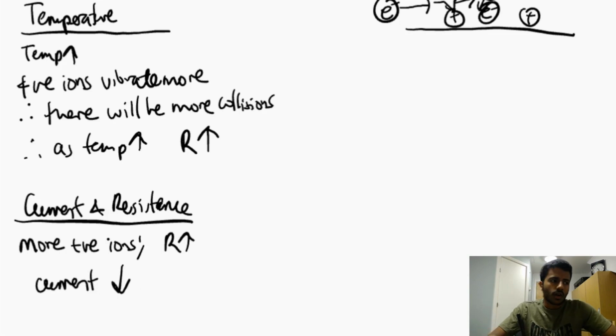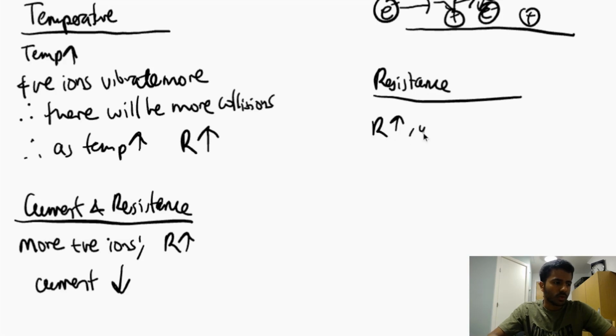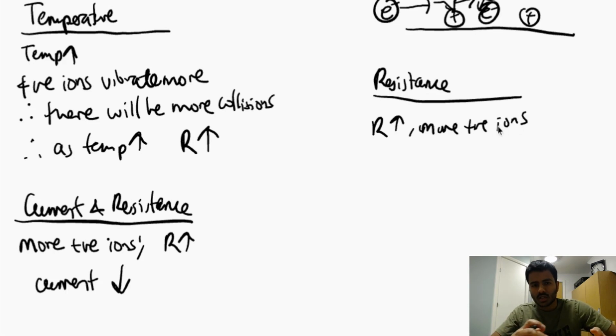Also, if there are more positive ions, you know the resistance increases. It means that the energy needed for an electron to go through this resistance is greater. So you need more energy required.